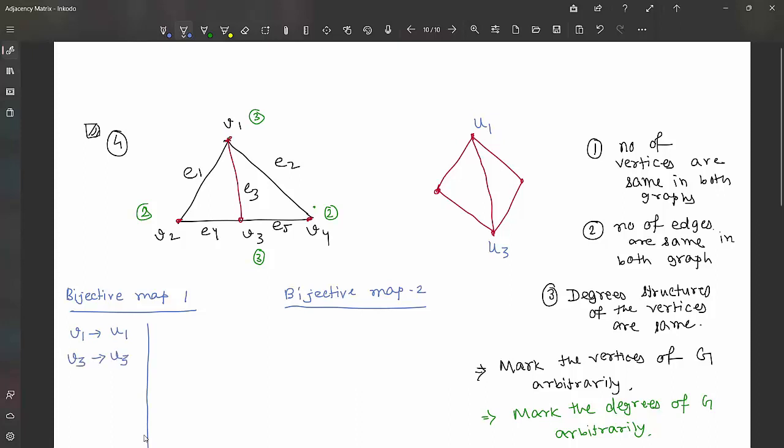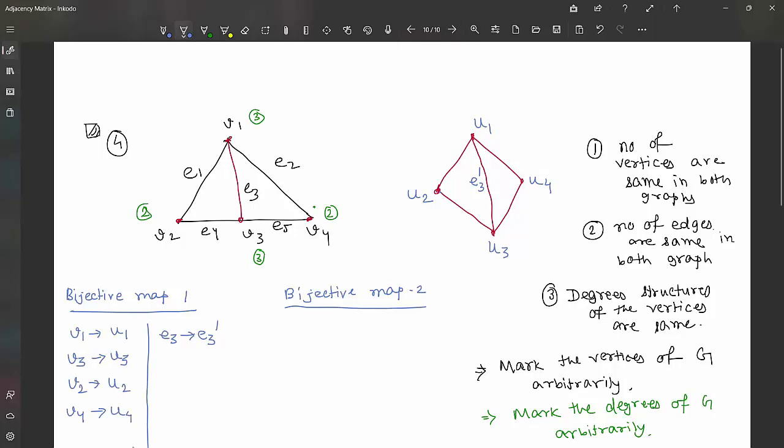And the edge between V1 and V3 is the same edge between those, so this is E3 prime, and we are saying that the E3 edge goes to E3 prime. After that, U2 can be chosen as this, so we are taking this as U2 and this as U4. So V2 goes to U2 and V4 goes to U4.